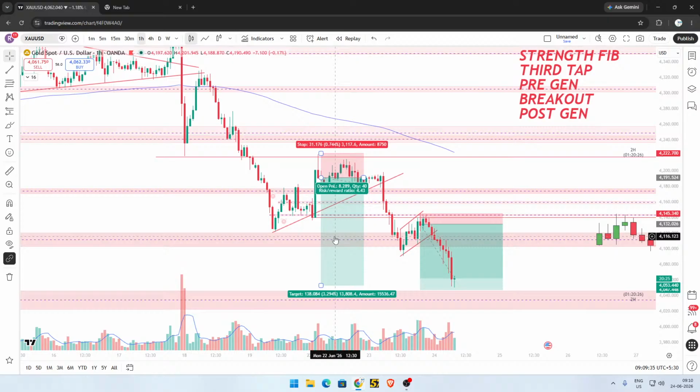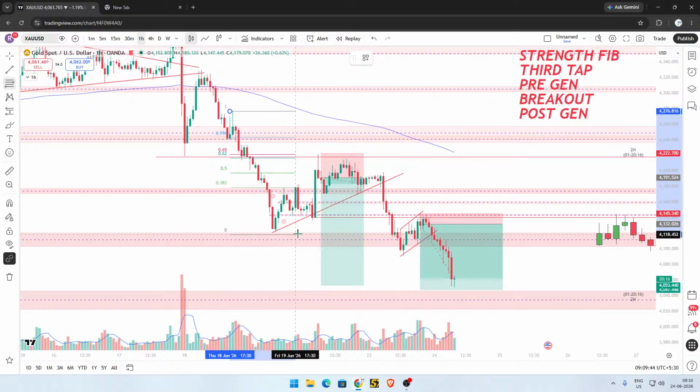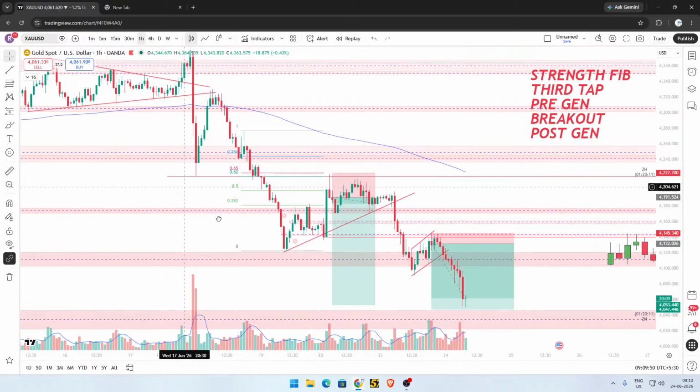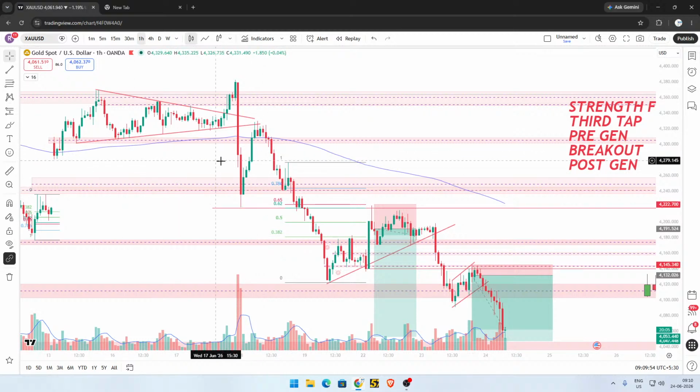And in strength Fibonacci, there is 2 to 3 criteria. Like see here, from this downtrend took a support at this 62 area plus an important support or resistance area. Then there is a cluster also, say 62.5.